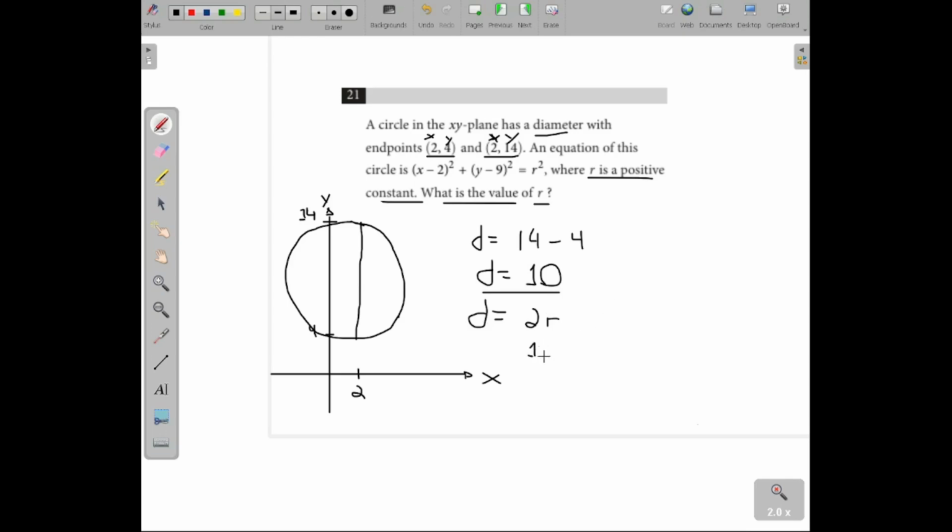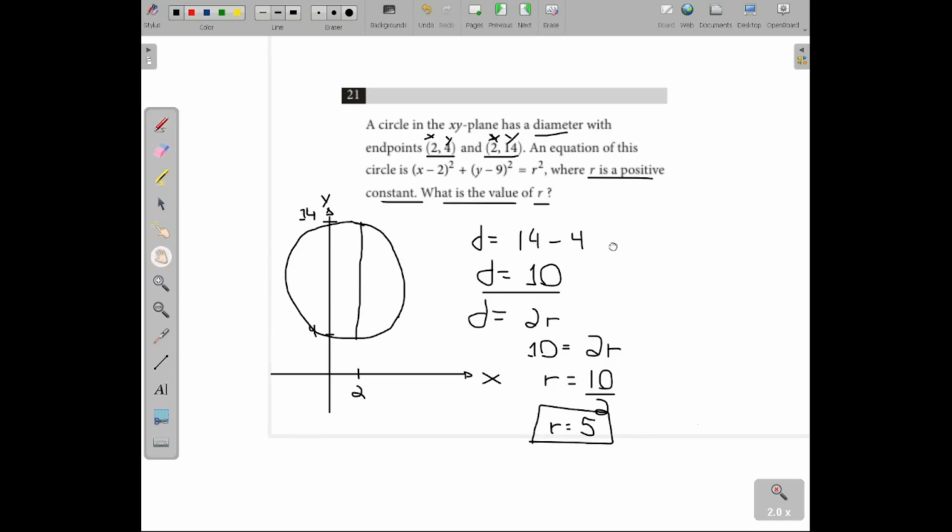So 10 is equal to 2 times r. R will be equal to 10 divided by 2. And finally the result will be 5. So the radius is 5.